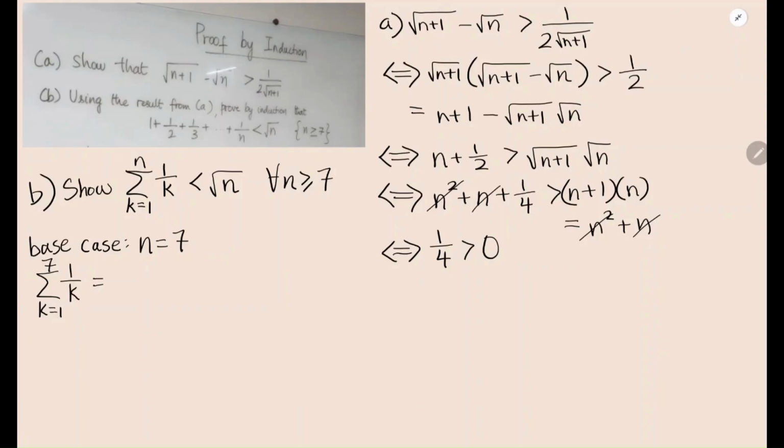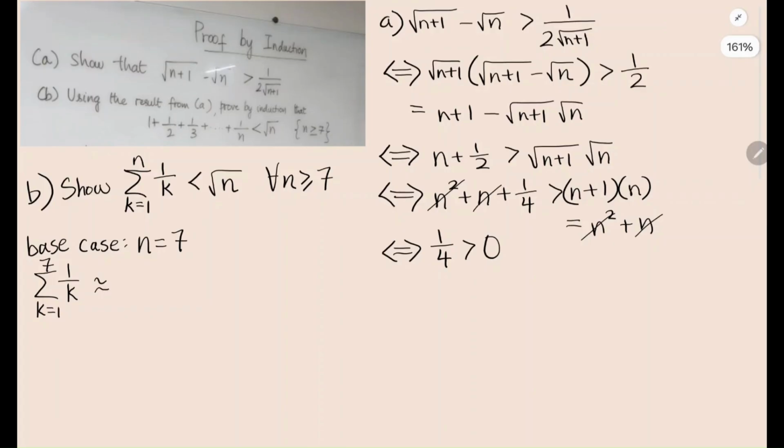Now, if you don't have a calculator, you can for sure have a common denominator and write it as a fraction, and then do some multiplication to find out its decimal expansion, which I already did, which is approximately 2.59.